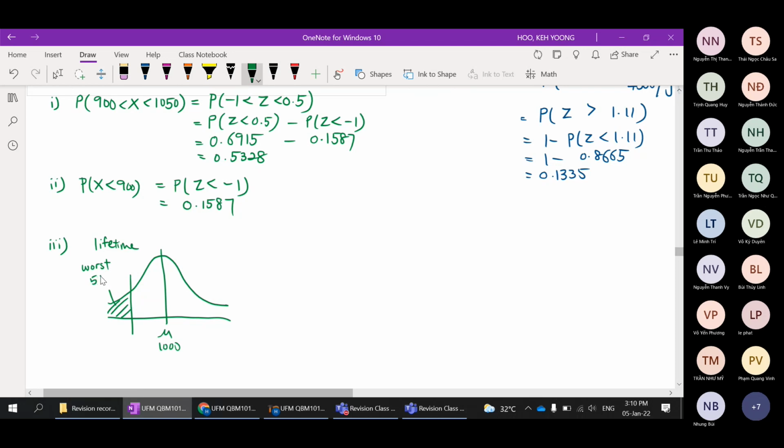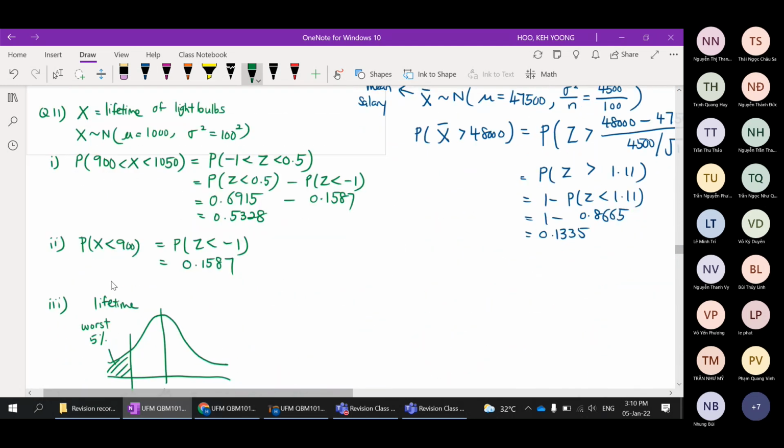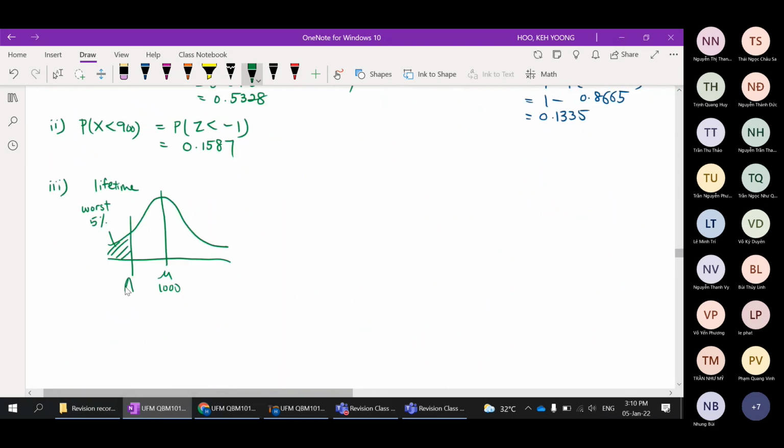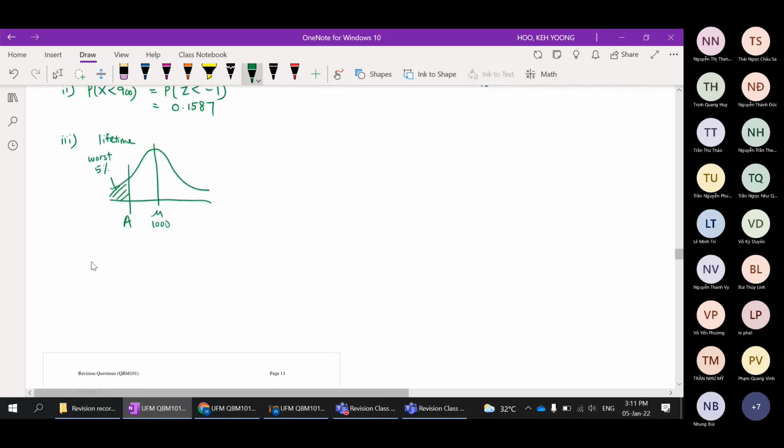Okay, the bottom 5% of the light bulbs. Let's say you want to find this A value. How do you write it? You will first write probability X less than A is 0.05.